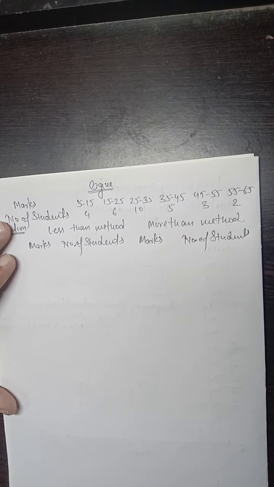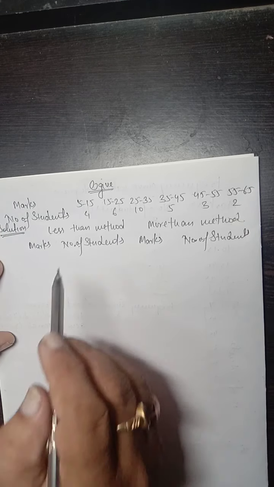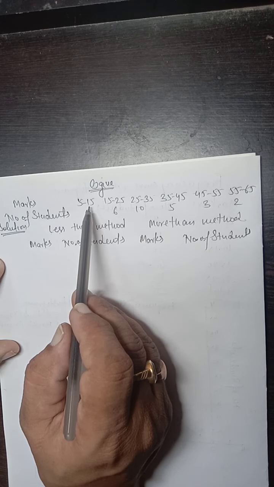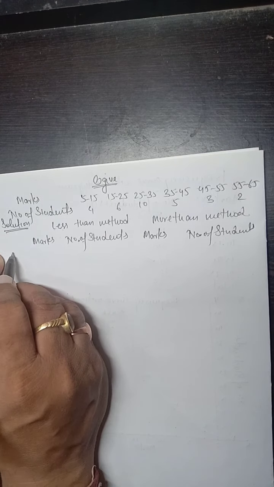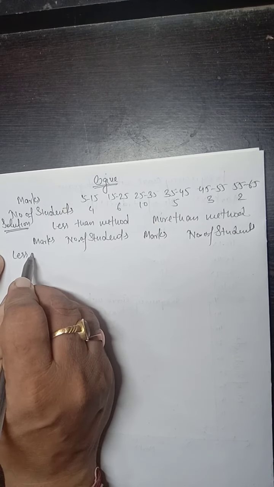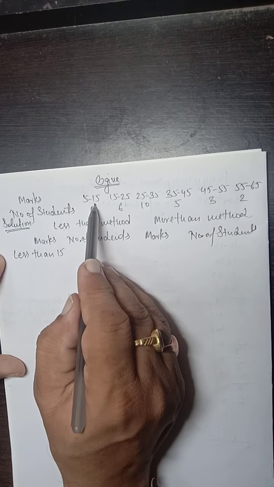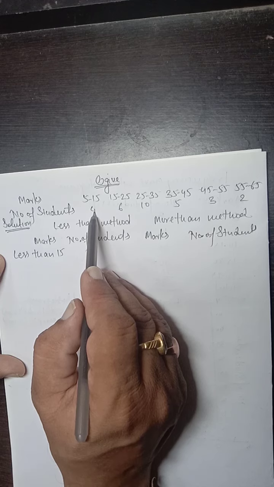Listen, first it is mentioned here 5 to 15, so less than 15. Less than 15, 5 to 15, is 4.